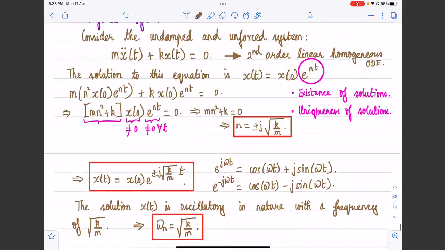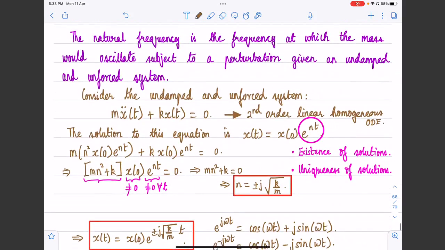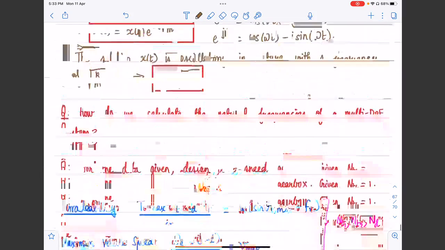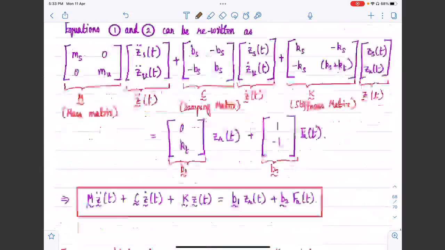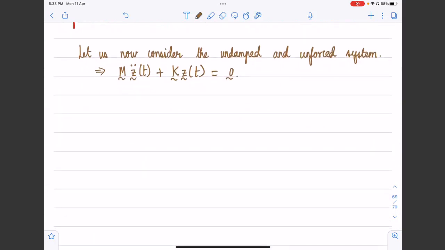When we discussed the natural frequency for the single degree of freedom mass spring damper system and considered the undamped unforced system, we ended up with mx double dot plus kx equals 0, and we figured out that the natural frequency is square root of k by m. Similarly, we are going to look at the undamped and unforced system and have this particular equation.